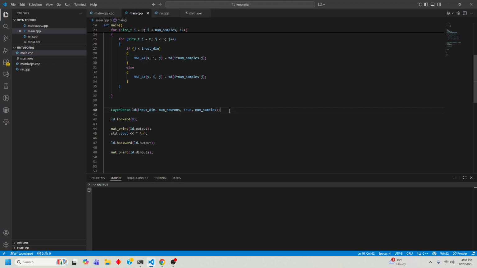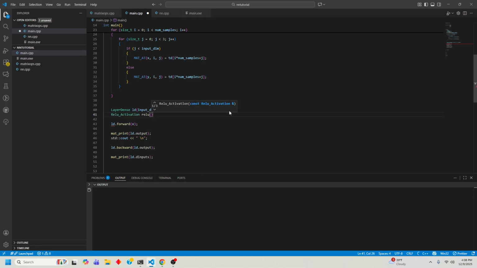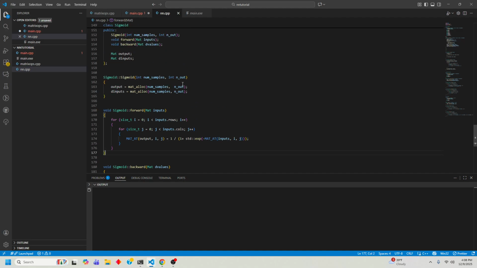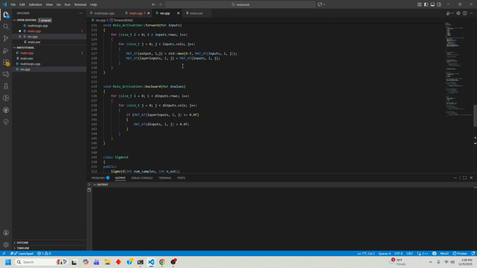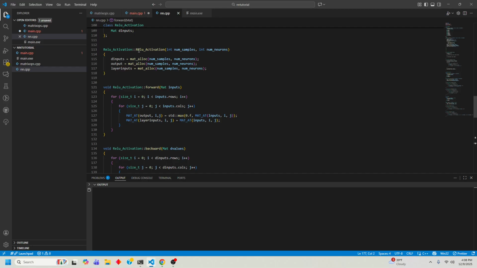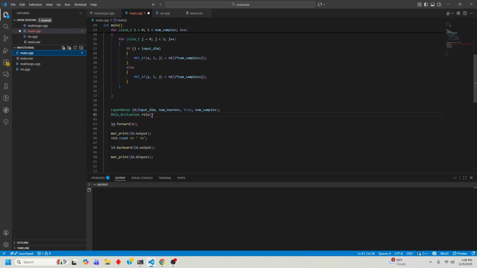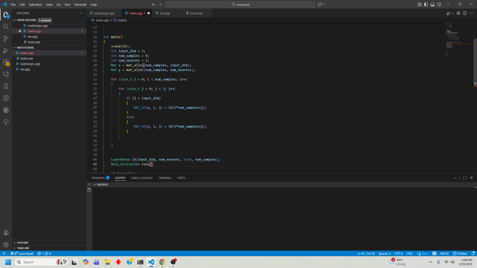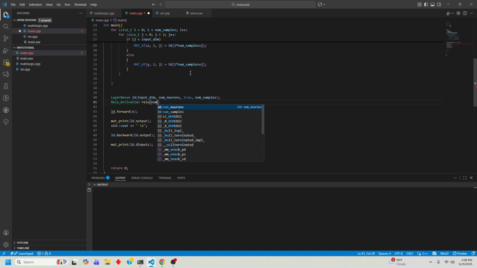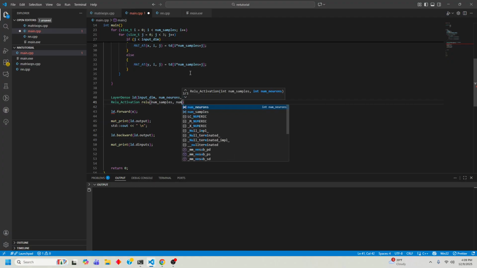Okay, so we have the first layer. We'll do a ReLU. See up here, the constructor takes number of samples, number of neurons.